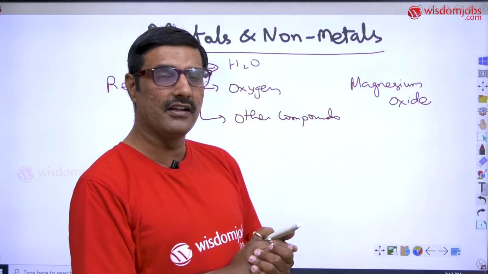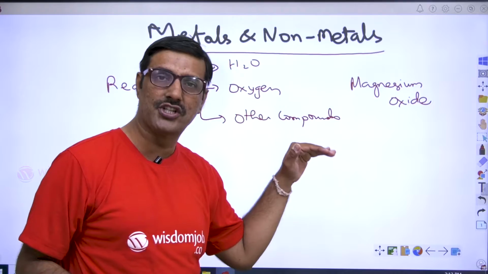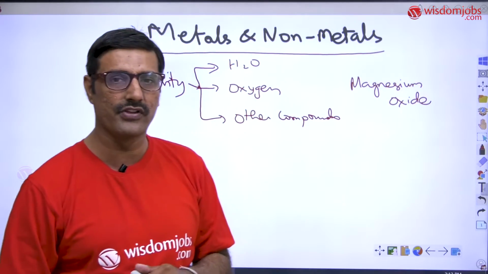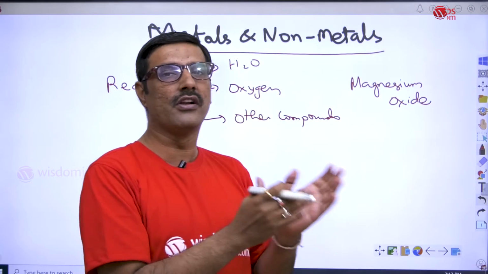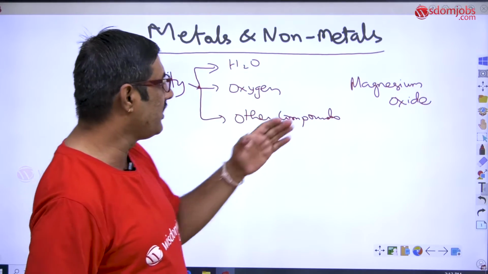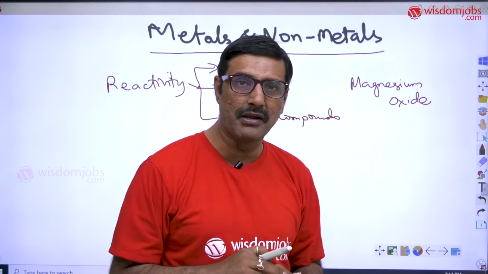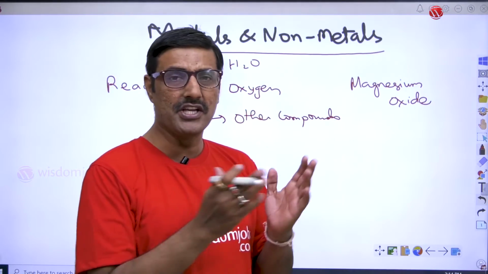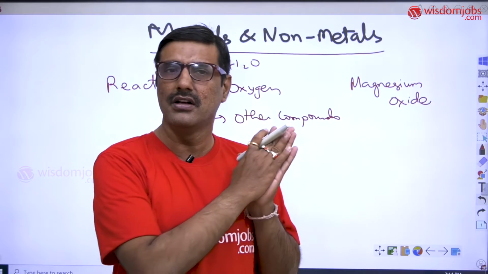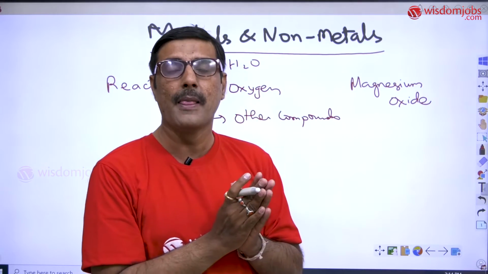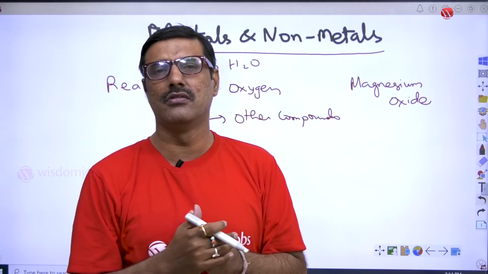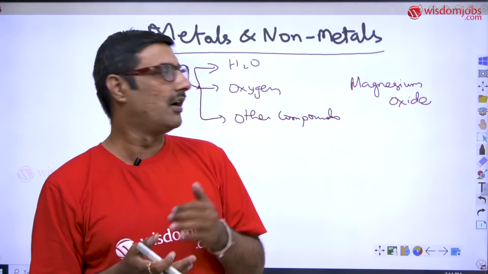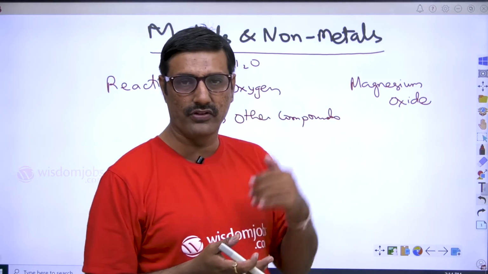So sodium and potassium are very highly reactive and they readily form their respective oxides, either sodium oxide or potassium oxide. Similarly, metals like magnesium need to be heated. Magnesium is not so ready to react with oxygen, so the magnesium ribbon needs to be heated slowly, and then it will form magnesium oxide.